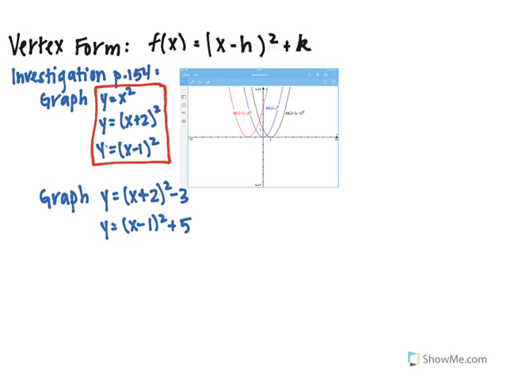So once we graph these three equations, we can see what the values inside, our h value, do to our parabola. So we can see that the plus 2 actually made our graph move to the left 2, to negative 2, while the minus 1 actually moved our graph to the right to positive 1.